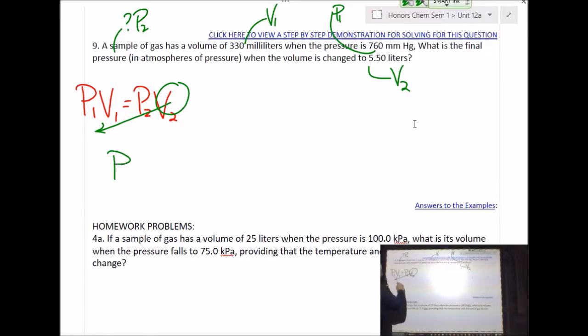Am I doing it? I don't know. Are you doing milliliters? I'm going to do milliliters.